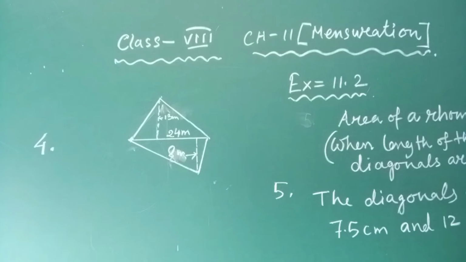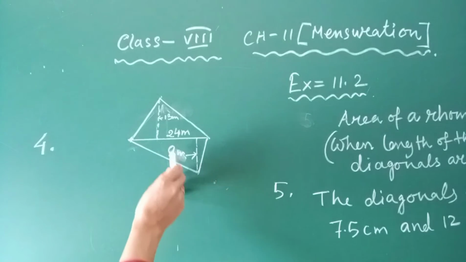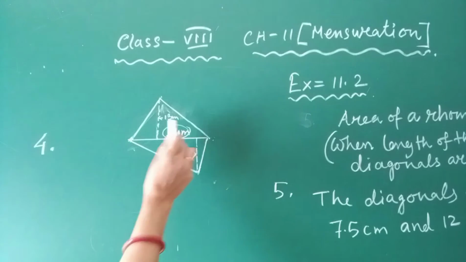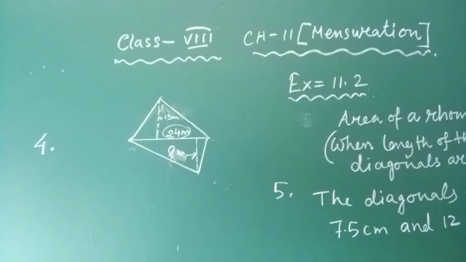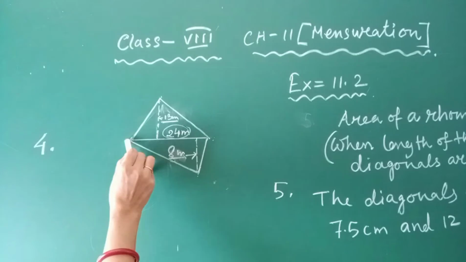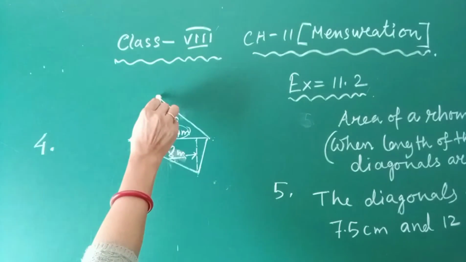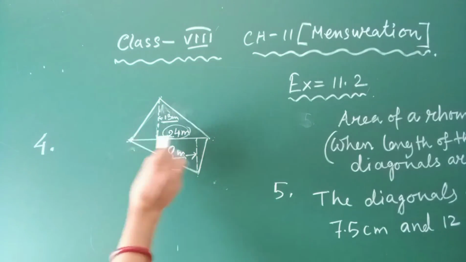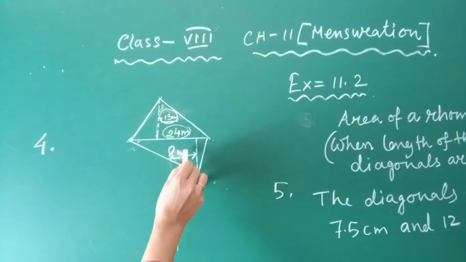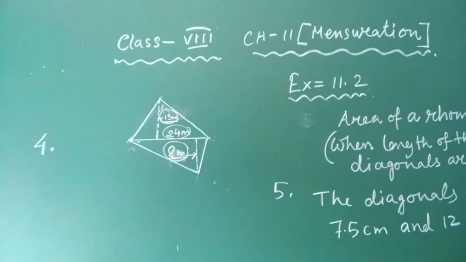It is given that one diagonal of the quadrilateral shaped field is 24 meter, and the perpendiculars dropped on it from the opposite vertices are 13 meter and 8 meter. You have to find the area of the quadrilateral shaped field.